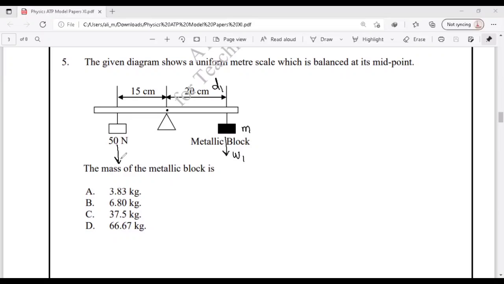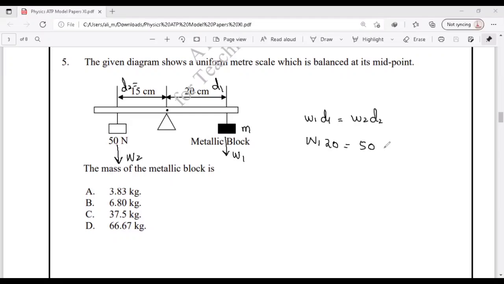Similarly, weight of this block is W2 and the distance is D2. According to the principle of moments, W1 D1 will be equal to W2 D2. W1 is unknown, that is the weight of the block, and D1 is 20.